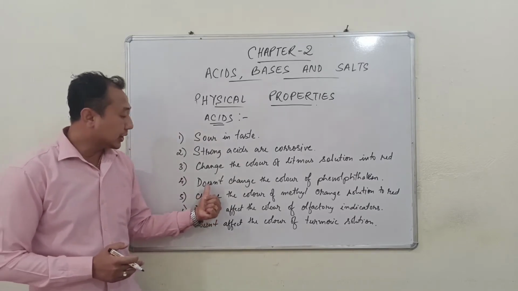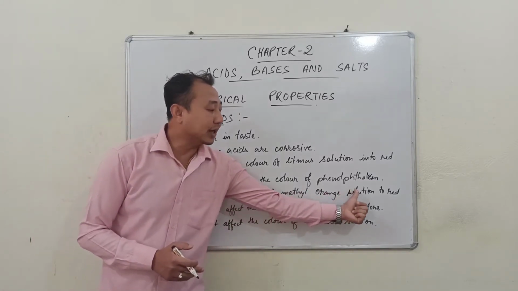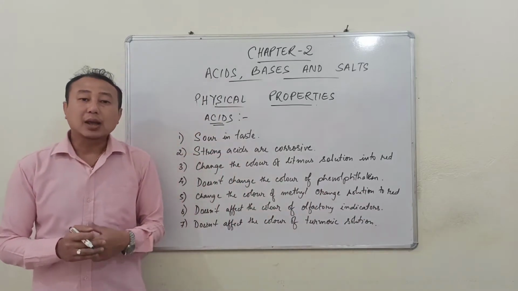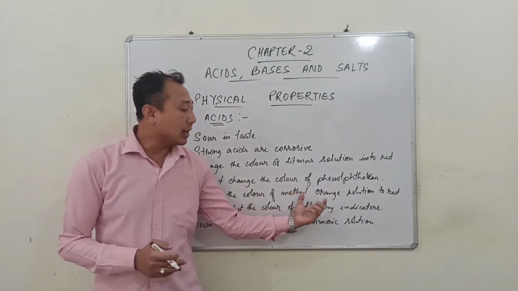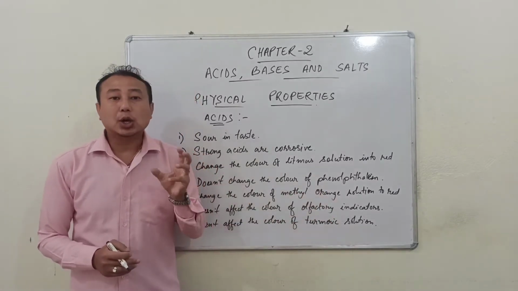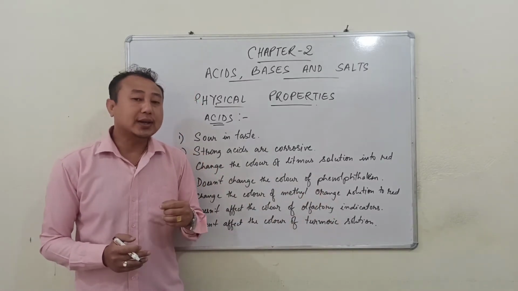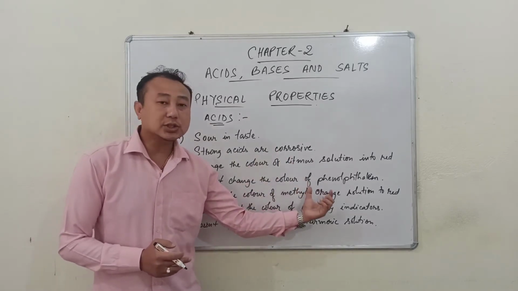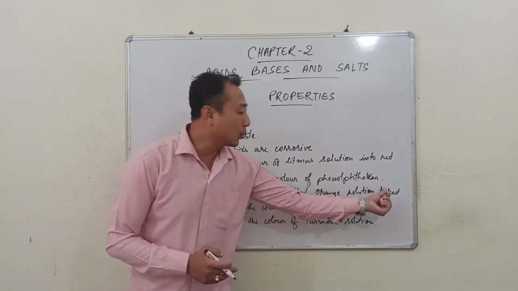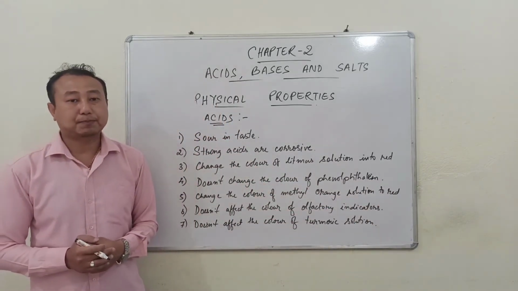Next, changes the color of methyl orange solution to red. Methyl orange is also another type of indicator. This methyl orange, as the name suggests, is orange in color. So when a few drops of an acid is mixed with the methyl orange, then the orange color solution of this methyl orange will change into red color.